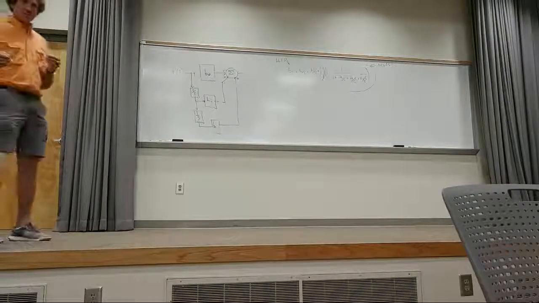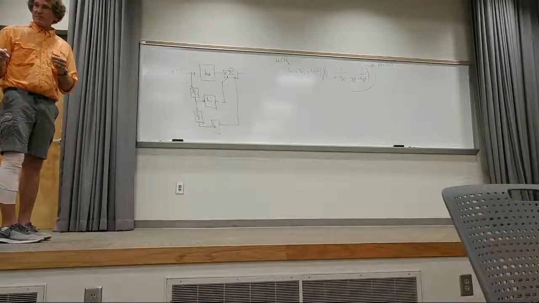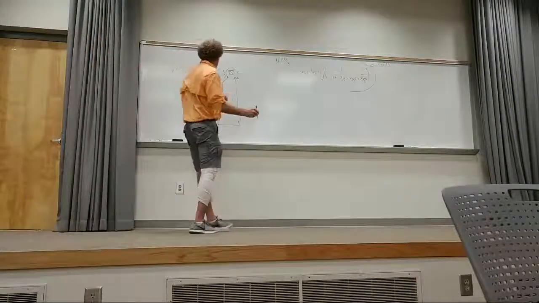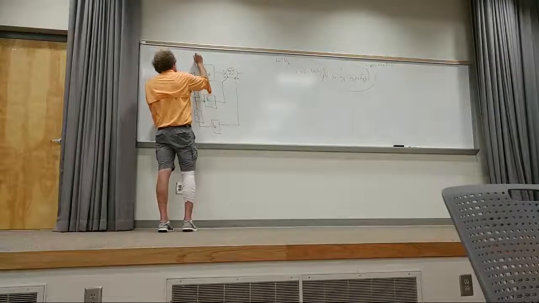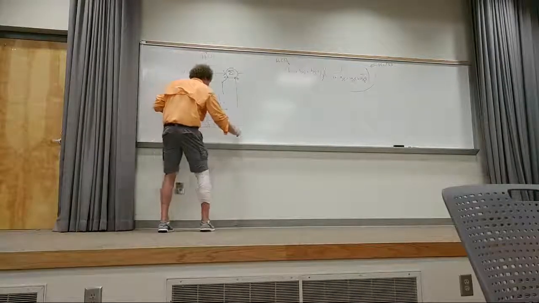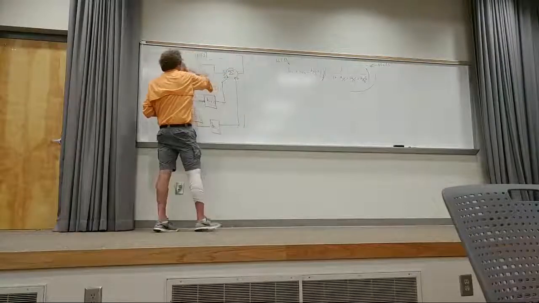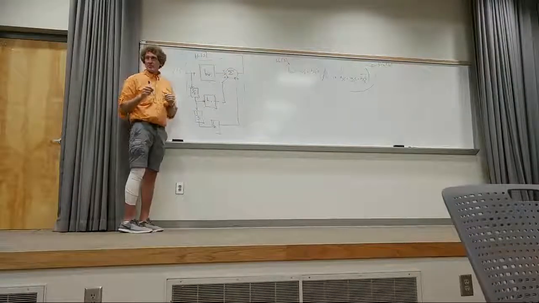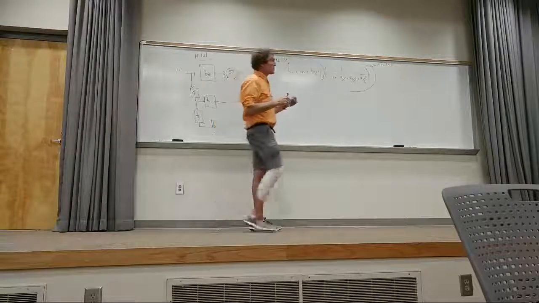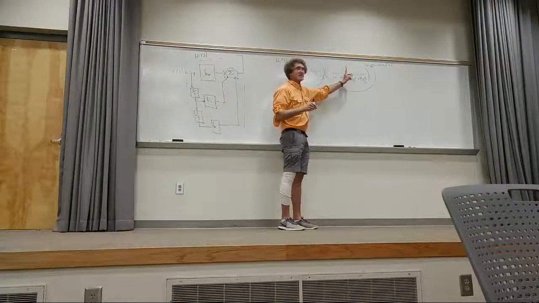Is everybody with me on this, class? You all see how straightforward this is? Now we just realized H1 there. This whole thing would be H1 of S. Now we go to the next part. Remember, the forward gain on this one is 1, isn't it?